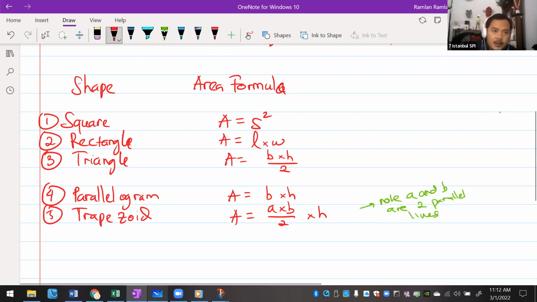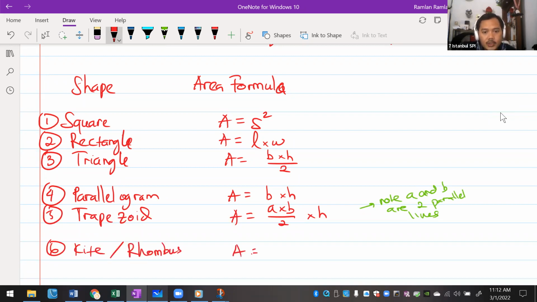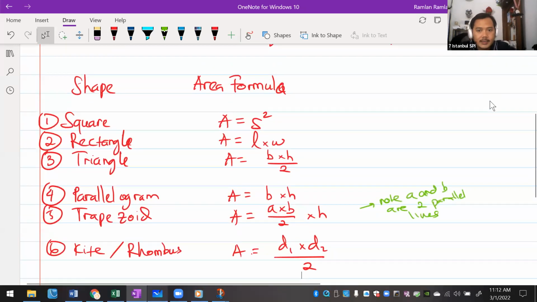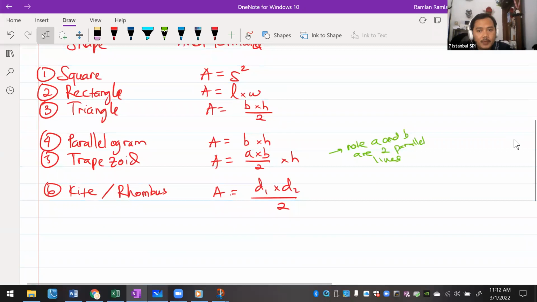Okay, next up is the kite and the rhombus. Kite and rhombus have the same exact formula for the area, which is diagonal 1 multiplied by diagonal 2 divided by 2.